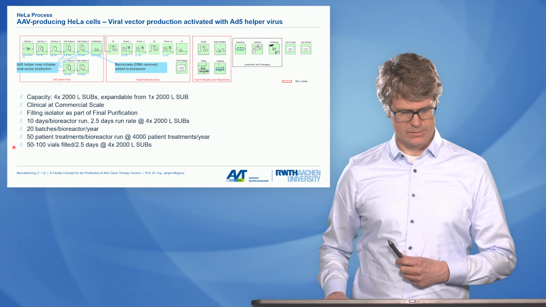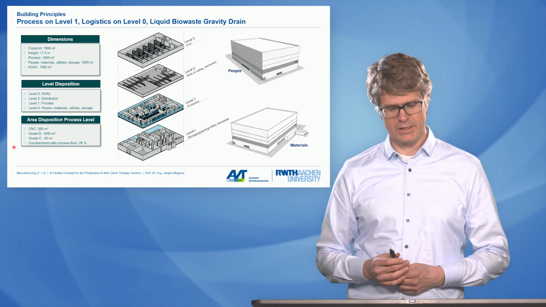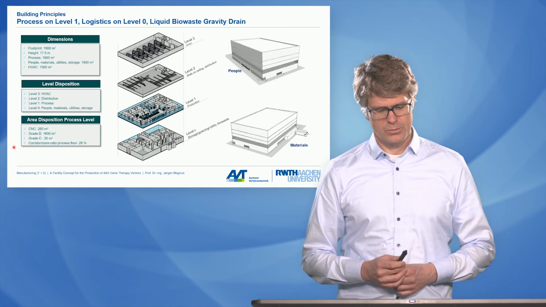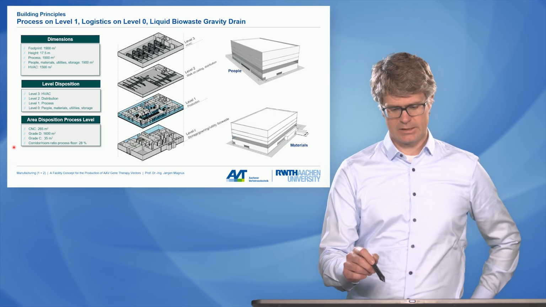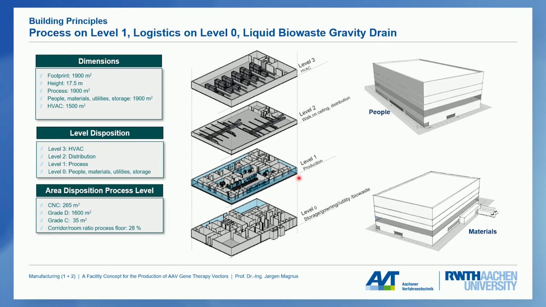of the process. Looking at the building, we put everything related to production on one level, and that's level 1. And in level 2, that's where people are entering. So people would enter from one side of the building, and then the materials could enter from the back side of the building. But essentially you can store materials down here.